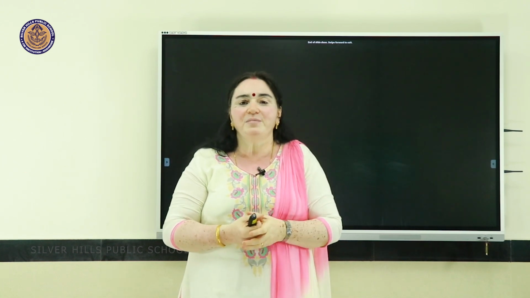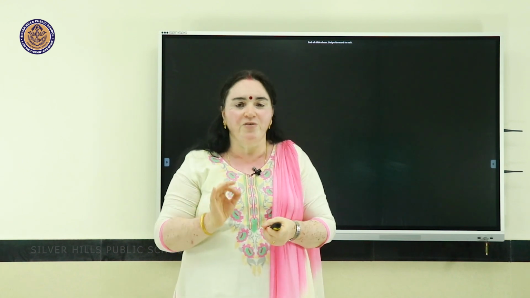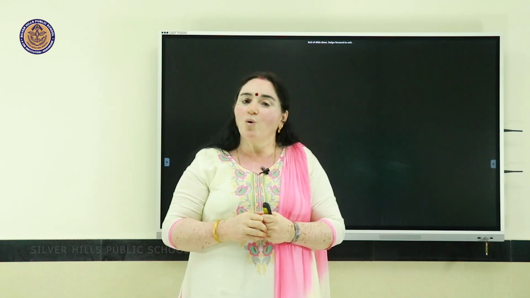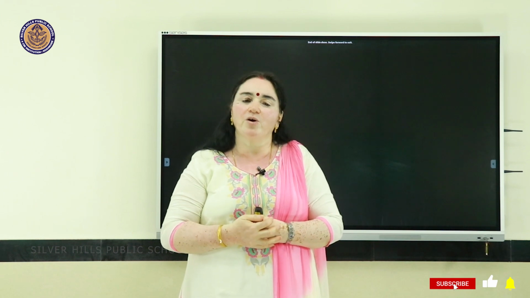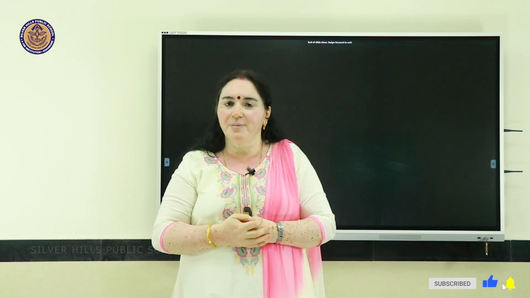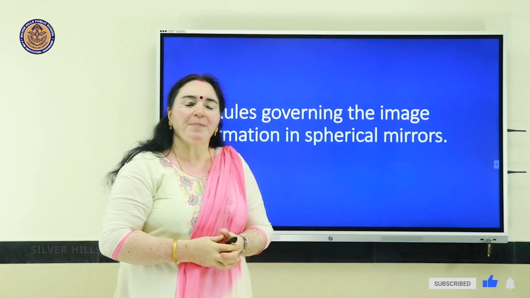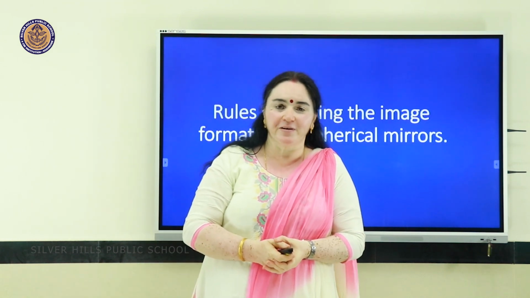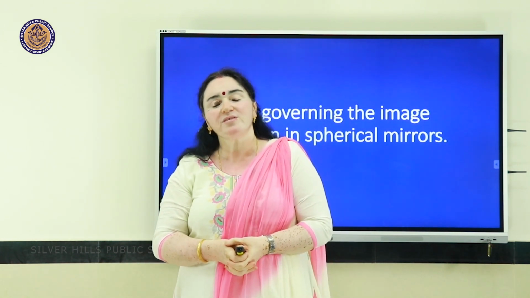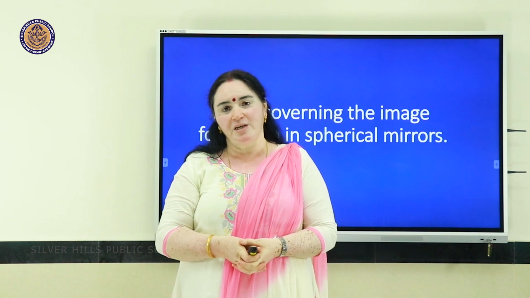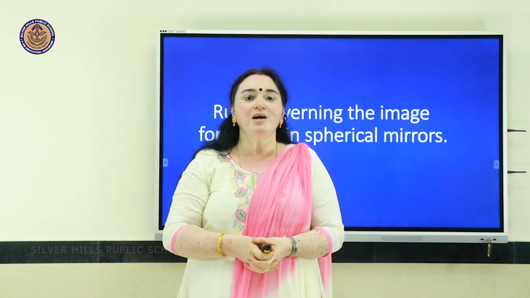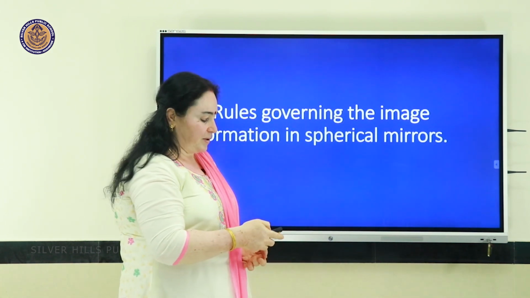These 5 parameters, if you are able to define well, you can draw all the diagrams for a concave and a convex mirror. Knowing the parameters of spherical mirror, let us discuss the rules that govern the image formation in spherical mirrors. We can start off with the concave mirror.